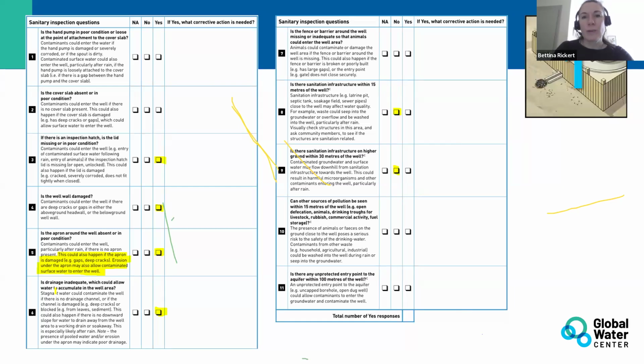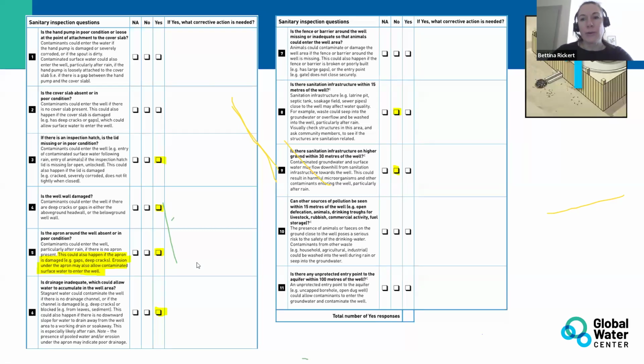So I think an option is to tick yes and then put in the explanation that this question in the sanitary inspection form is about the structural integrity of the apron, and that from your point of view, this is not given if it's not compacted enough. So there's always the comment section that you can use.